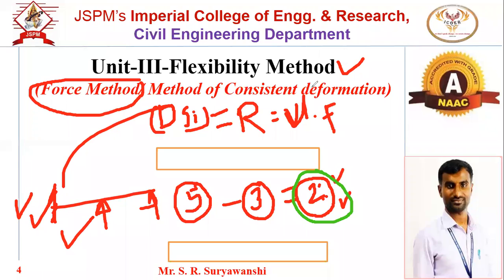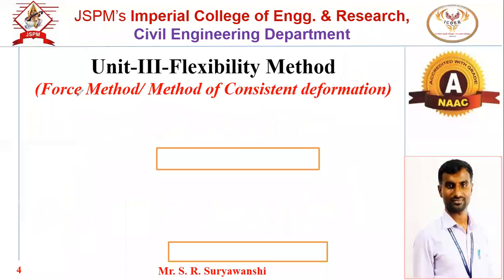The unknown DSI we have to work out using the flexibility method. That is the core concept. That's why this method is also called the force method, because the unknowns are redundant forces, and those unknown forces depend on your DSI value.